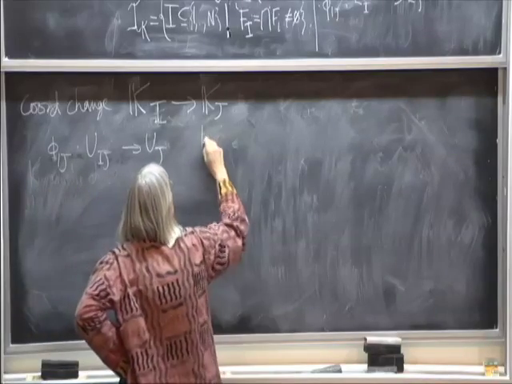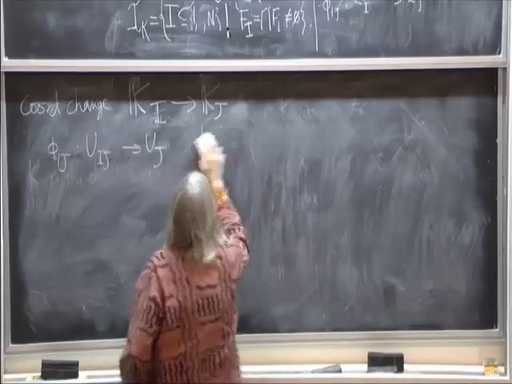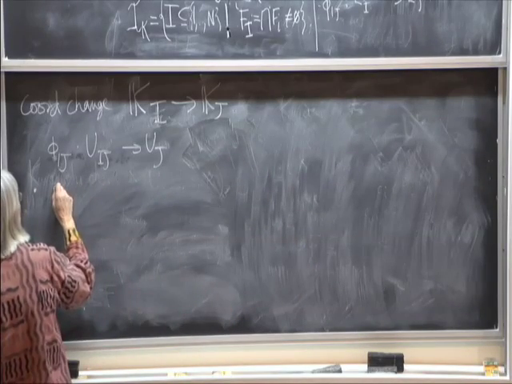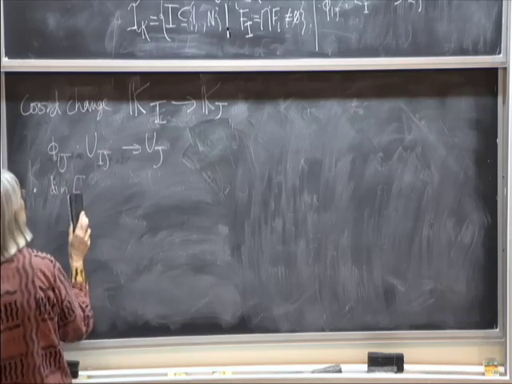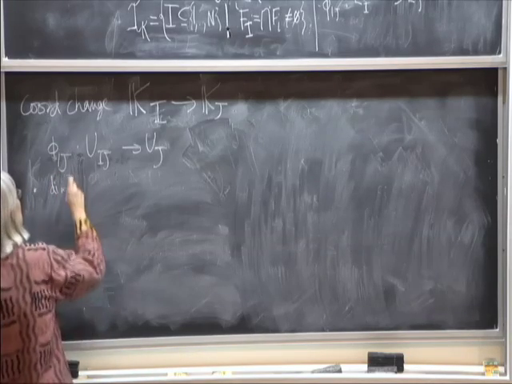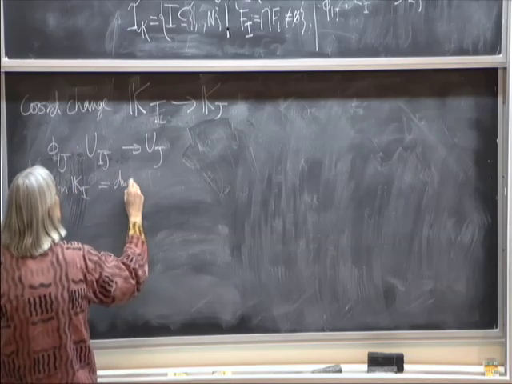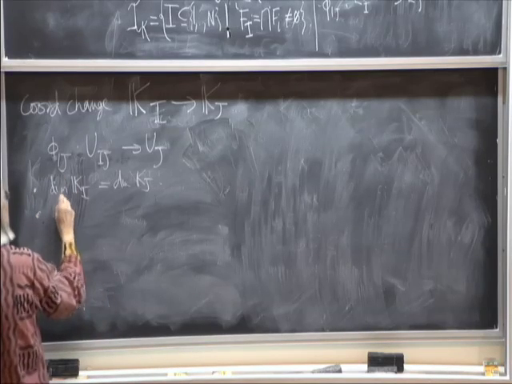The first thing I want to say is that the dimension of Ki is equal to the dimension of Kj. The second thing I want to say is that phi is a smooth embedding.